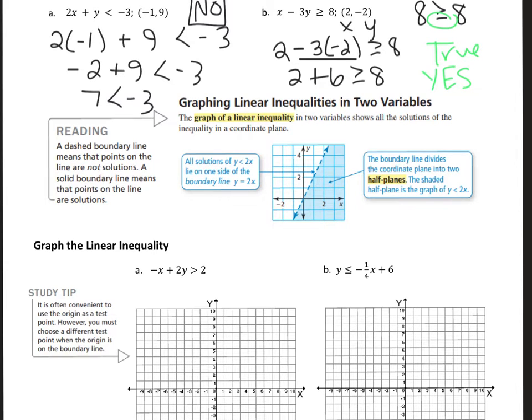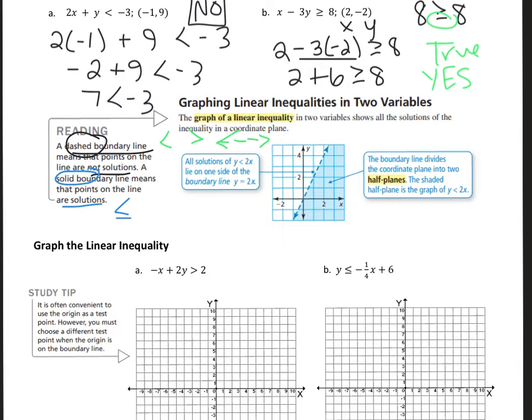A dashed line means that the points on the line are not solutions. So you want to use a dashed line if you're using the symbols less than or greater than. A solid line means that the points on the line are solutions.